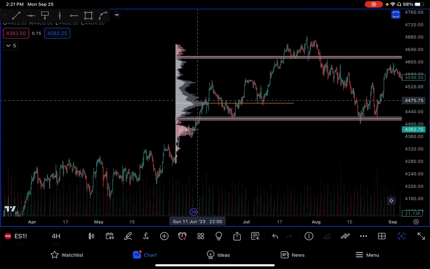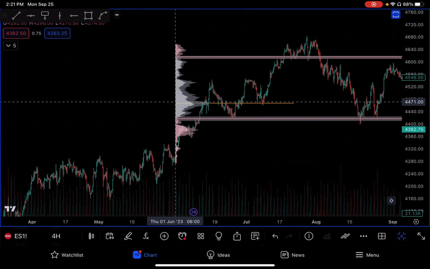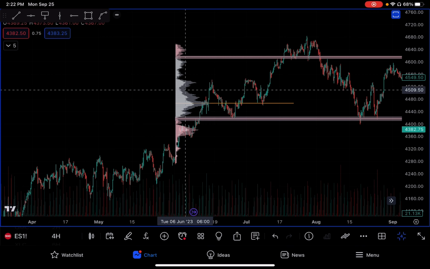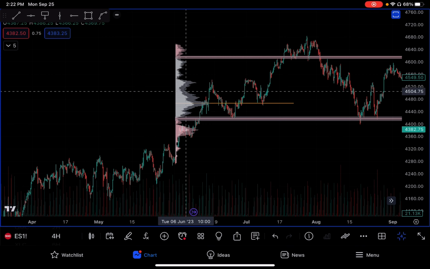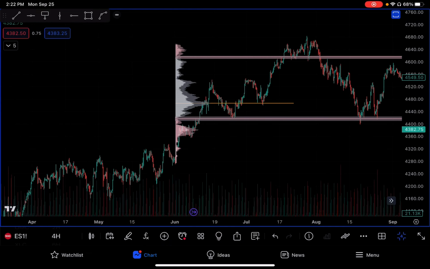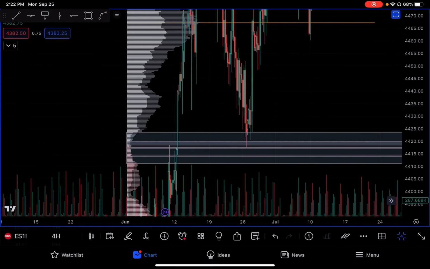So something that I like to do when I'm looking for which LVNs separate it is I'll just start dragging my calipers across. And when I get to LVNs that are on either side of the balance zone and are around the same depth, I go, oh, look at that. This is around this depth. This is around this depth. So those to me are two primary LVNs. So I'm going to put boxes there.